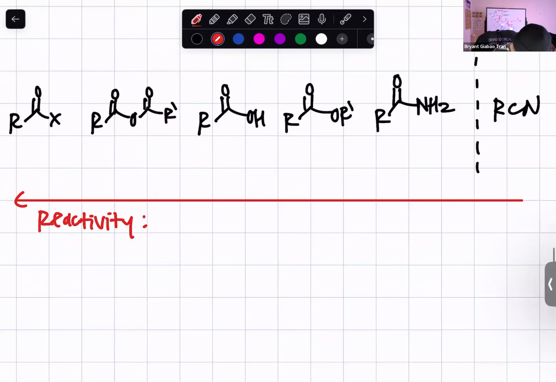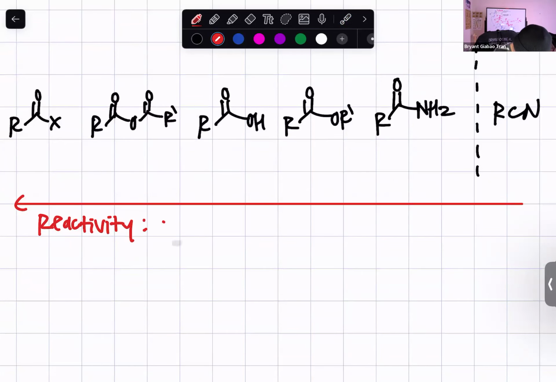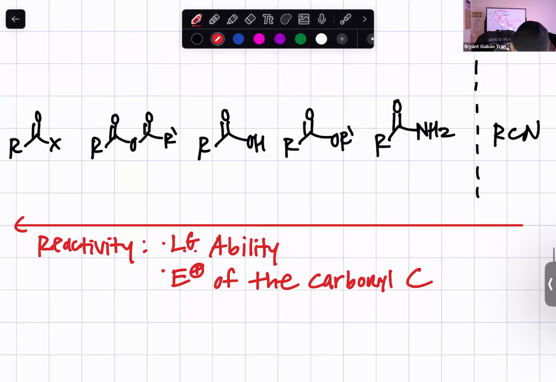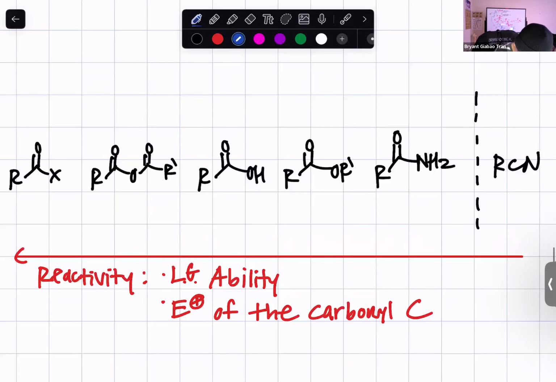So the reactivity is going to be based on the leaving group ability. The other factor is going to be the electrophilicity of the carbonyl carbon, right?